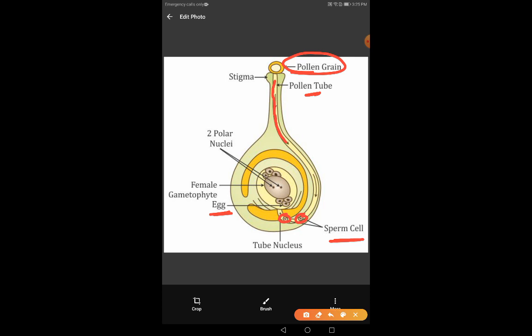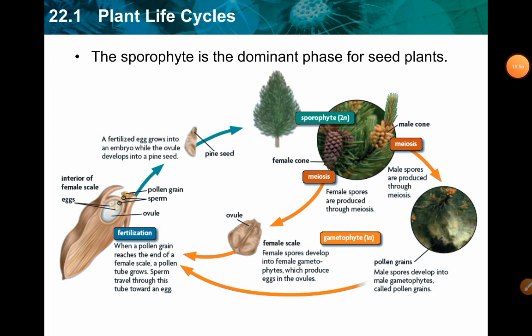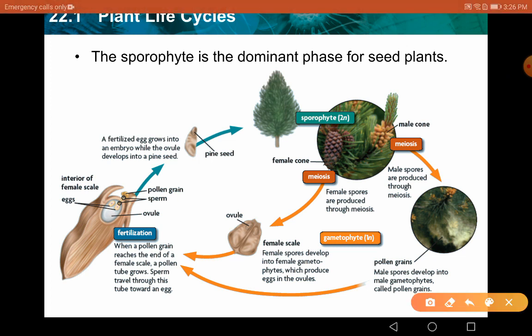Okay, so let's move back to the life cycle of the last type. If you look at this figure, you will find that the sporophyte here is, as we said, the dominant phase for the seed plants. If you start from the male cone, it will be divided by meiosis to produce male spores.